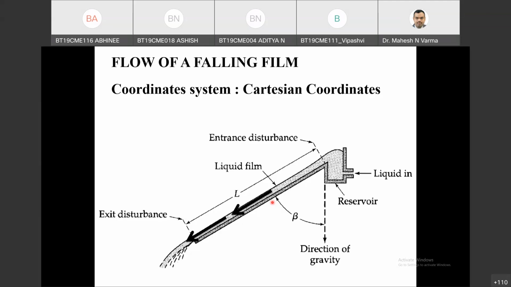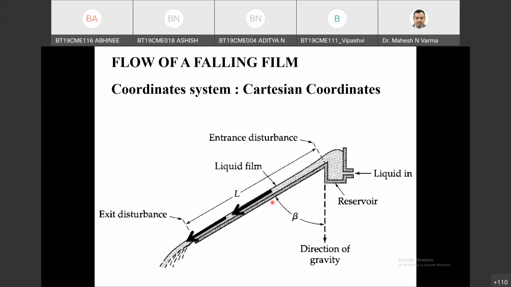So, how many possible origins are there for Cartesian coordinate system, Ashish? How many origins can I select? Sir, at every edge we can select origin, like X, Y, Z. So how many edges are there in Cartesian coordinate system? 8 points. Okay.